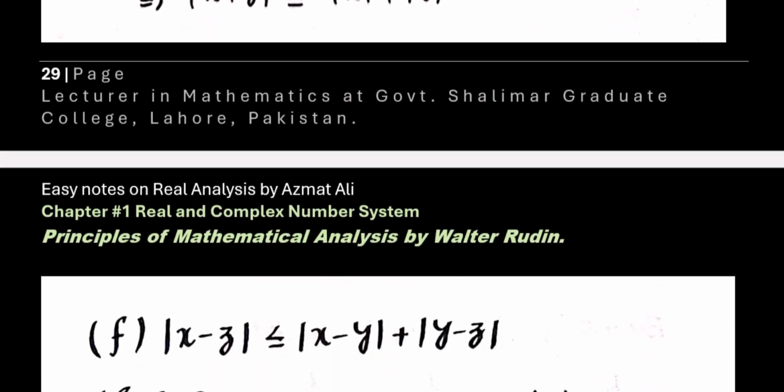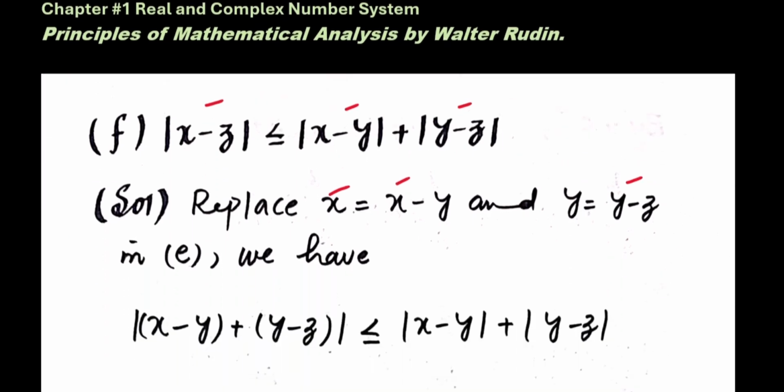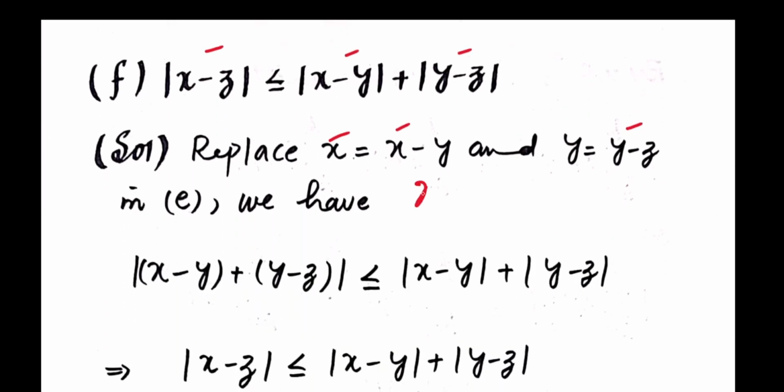To prove the F part, this is the norm of x minus z less than or equal to the norm of x minus y plus the norm of y minus z. We just replace x with x minus y and y with y minus z in the above part, the triangular inequality. The triangular inequality was the norm of x plus y less than or equal to the norm of x plus the norm of y.